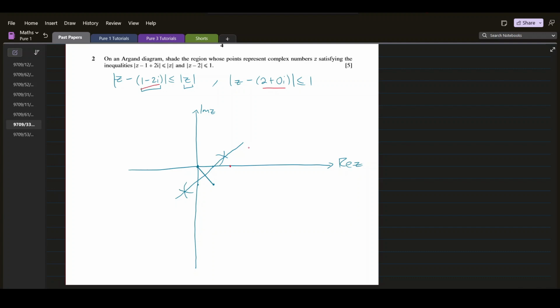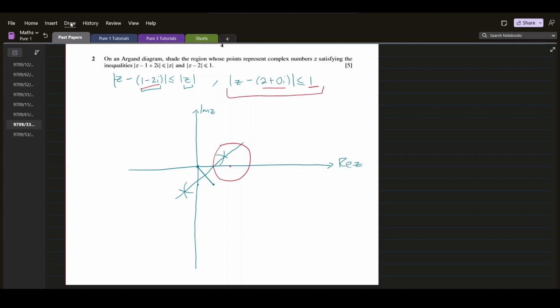And we want to draw a circle with a radius of 1. And so our circle would look something like that. Forgive me, it's not very accurate, but I'm sure you get the idea. So that's our circle that's satisfying this inequality.